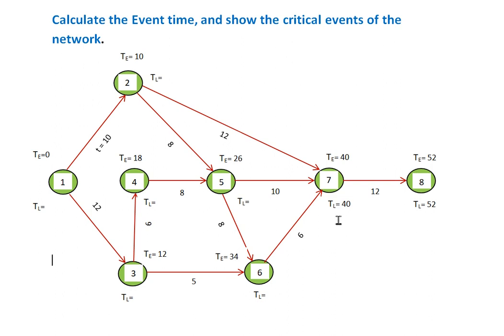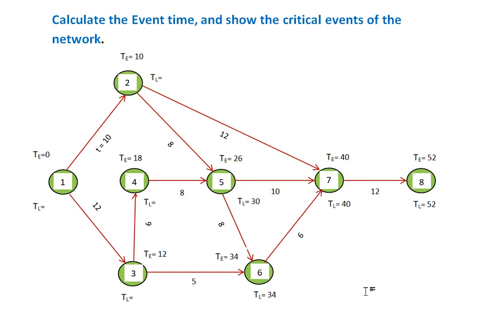So like that we need to go. For event 6, the time will be 40 minus 6, so 34. And for event 5 the time will be 40 minus 10, so 30.